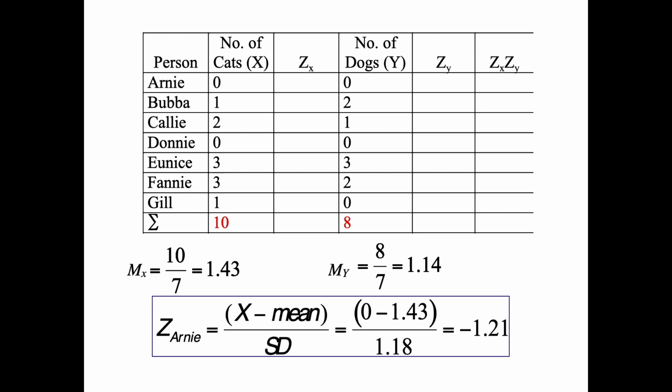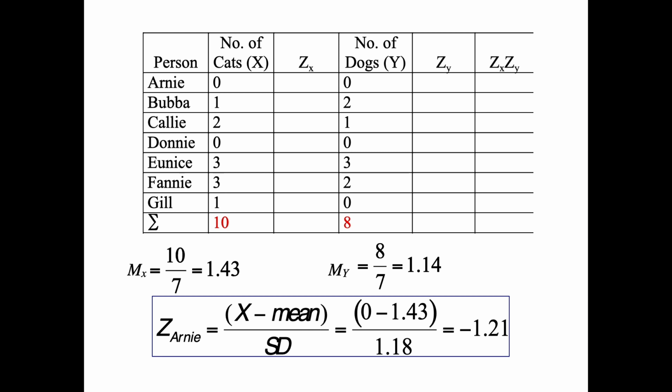So I'm only going to use the mean of x at this point. And if you go back and look at the formula for a z-score, you take the x, like here, 0, and you subtract the mean for that particular variable and divide it by the standard deviation. So here, x minus the mean is 0 minus 1.43. Now you'll notice that I have given you the standard deviation.